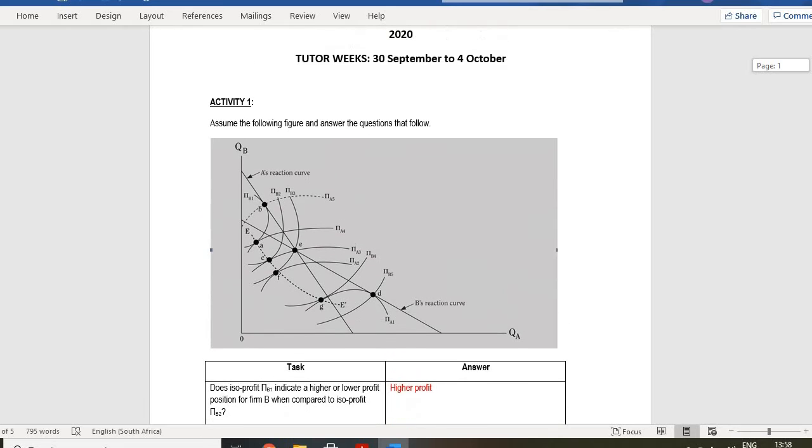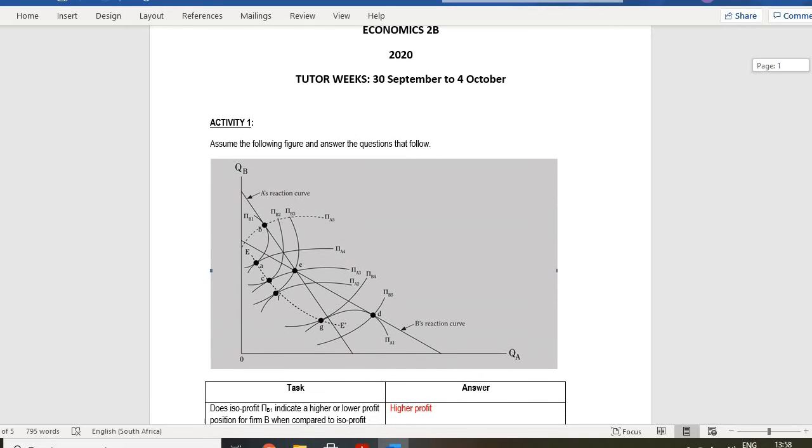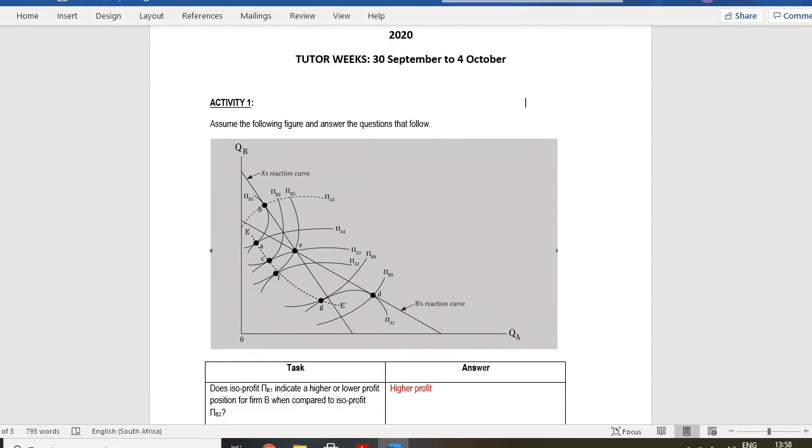Question 1 says, does isoprofit B1 indicate a higher or lower profit position for firm B when compared to isoprofit B2? So they say, does this isoprofit B1 indicate a higher profit when compared to B2, or does it indicate a low profit?